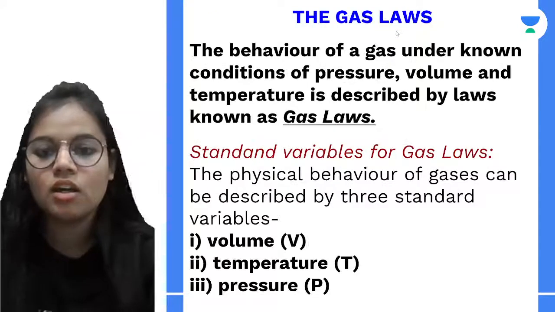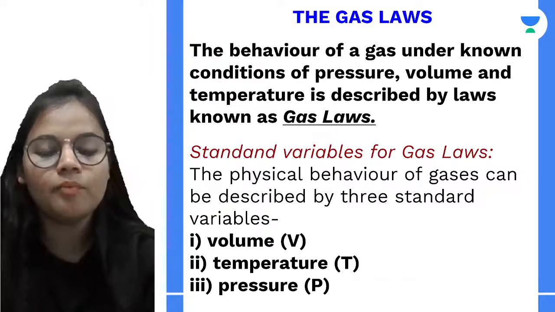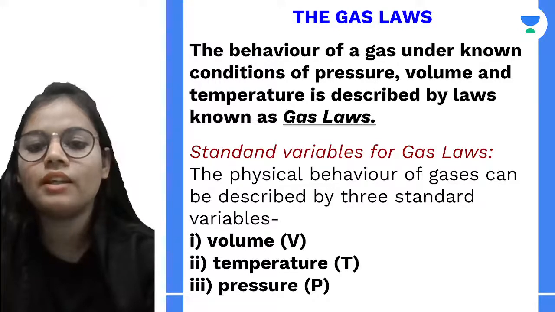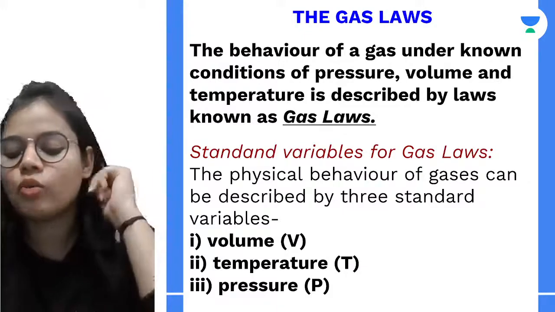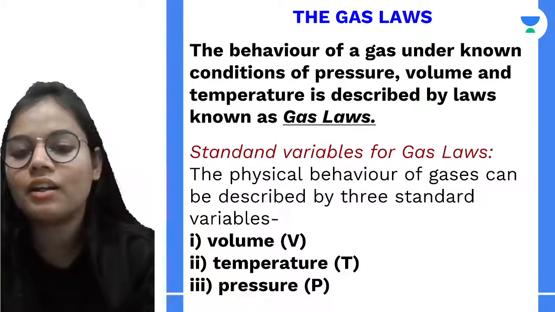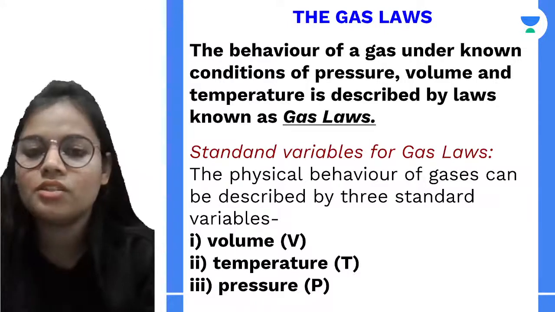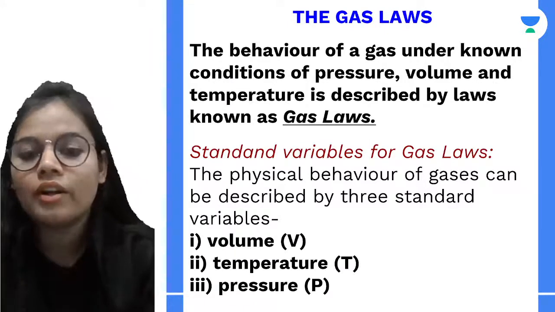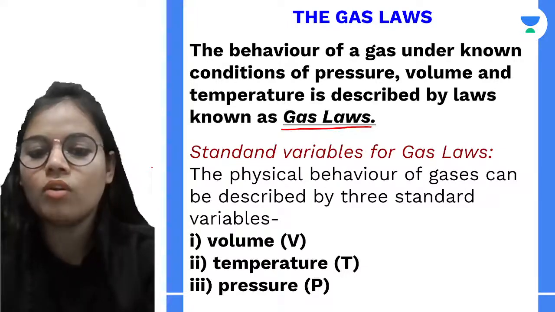All right, moving on to the gas laws. See, how is the gas going to behave under the given conditions of pressure, volume, or temperature? It is described by gas laws.